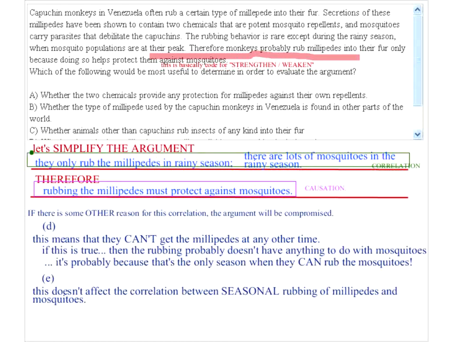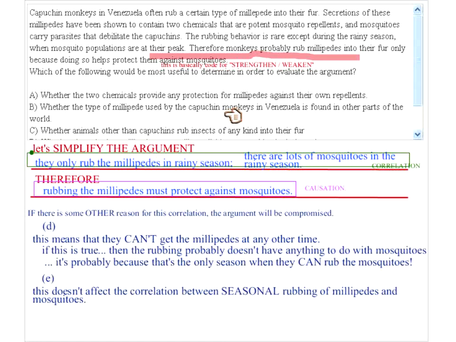The argument is just about this correlation between rubbing these guys in the rainy season and there being lots of mosquitoes in the rainy season. Choice E doesn't really affect that argument in any meaningful way. So if you look at that, it's irrelevant.